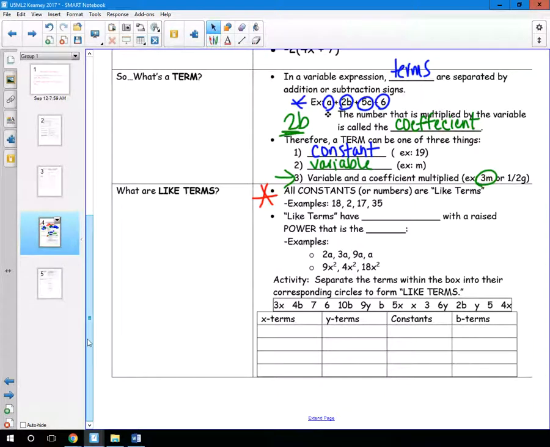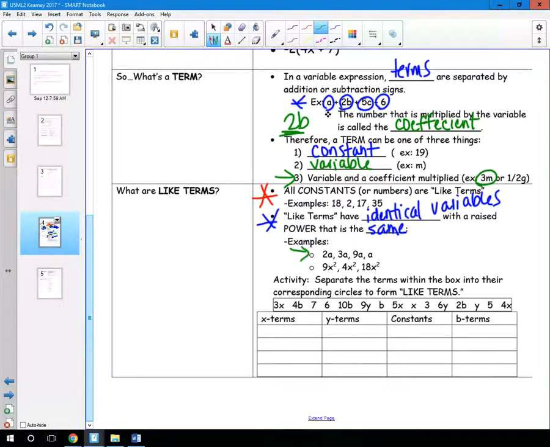But if you have a variable included, then like terms have to have identical variables with a raised power that is exactly the same. Okay, so for example, 2a, 3a, 9a, a, they're all like terms because they all have that identical variable of a.